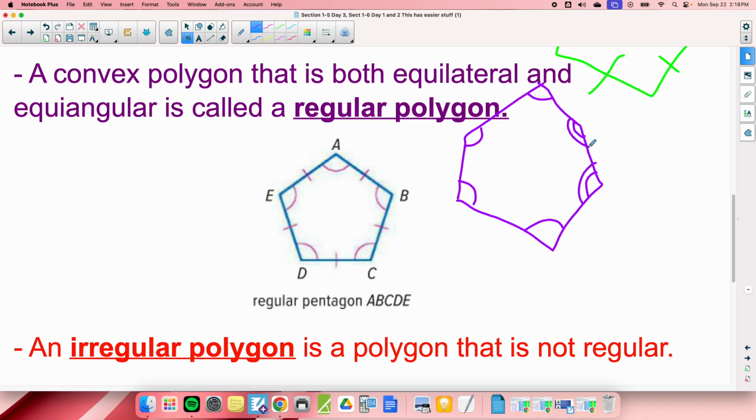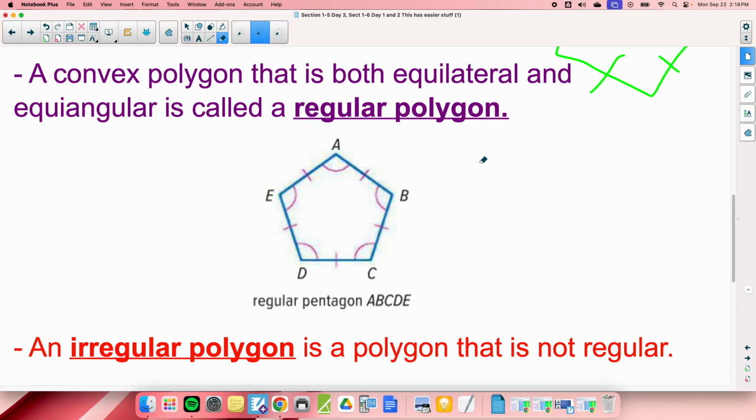And then they're going to ask you today, is something regular or irregular? For something to be regular, it has to have every single angle marked the same and every single side marked the same.